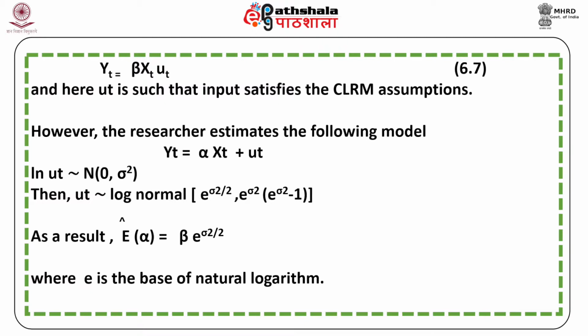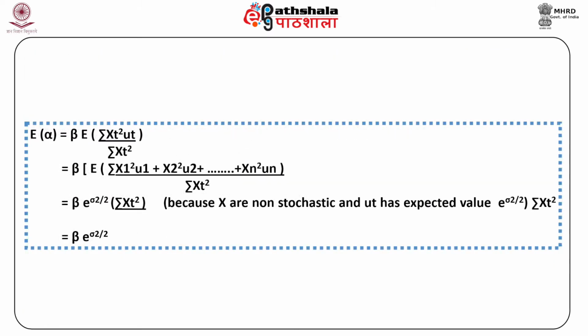As a result, the expectation of alpha hat is equal to beta into e raised to sigma square divided by 2, where e is the base of the natural logarithm. Proof: the expectation of alpha hat is equal to beta times the expectation of [x1 square mu 1 plus x2 square mu 2 till xn square mu n] divided by summation xt square.